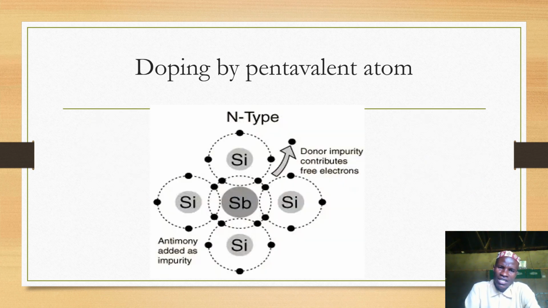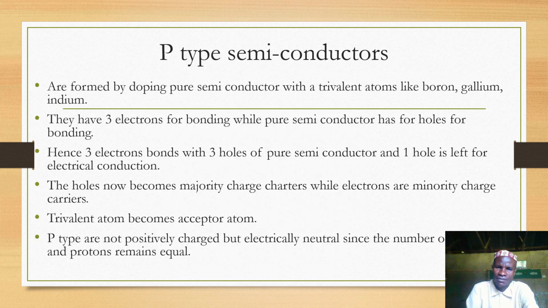As evident on this diagram, we have an N-type semiconductor being formed by doping. This is known as a donor impurity. A donor impurity has an extra electron. So the 4 electrons are used for bonding with the silicon, and the one which remains is used for electrical conductivity.